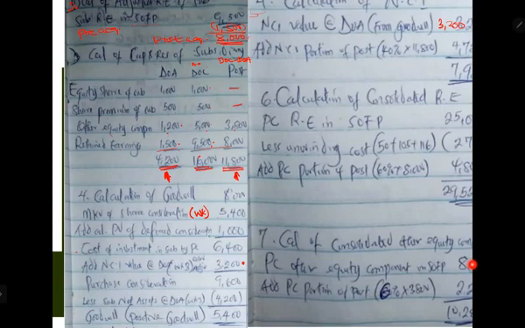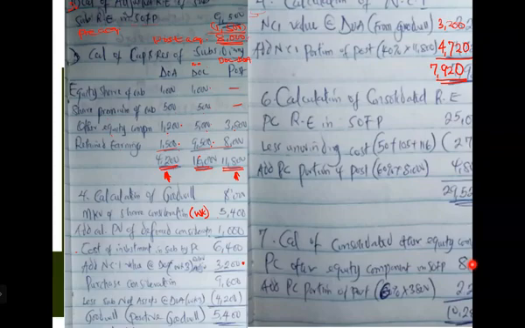Your post-acquisition is 11,800. 40% of 11,800 will give us 4,720. So I've sent the PDF files. 3,200 plus 4,720 will give us 7,920. And that is our NCI calculation.